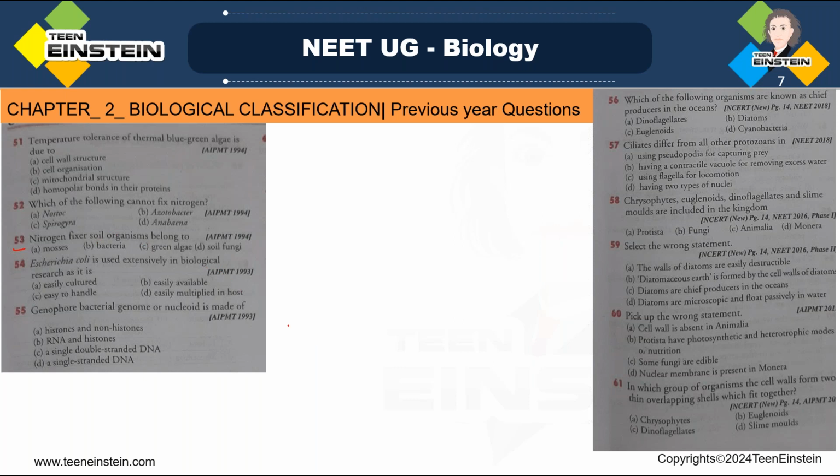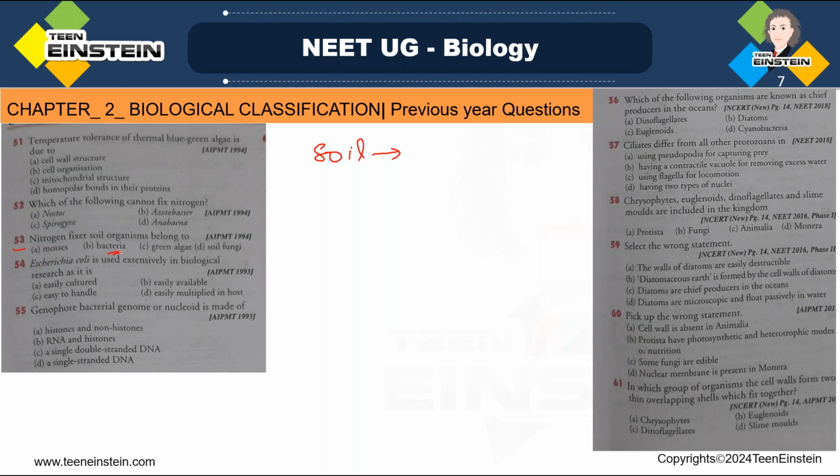So nitrogen fixer soil organisms like Azotobacter, Rhizobium, Frankia, all these belong to bacteria. They are asking especially about soil organisms. Here you are getting options: mosses, bacteria, green algae, soil fungi. So which is that? The soil organism belongs to the group bacteria. Examples are Azotobacter, Rhizobium, Frankia, all belonging to bacteria.